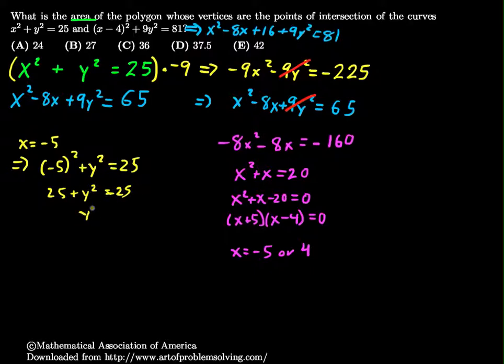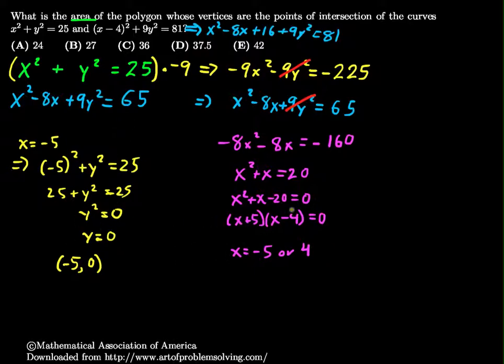So this means that y squared will equal 0. And so will y. So one of our points is the point (-5, 0). And I can check that in this other equation right here. Let's see. So I put it in here, 25 plus 40 is 65, much better.